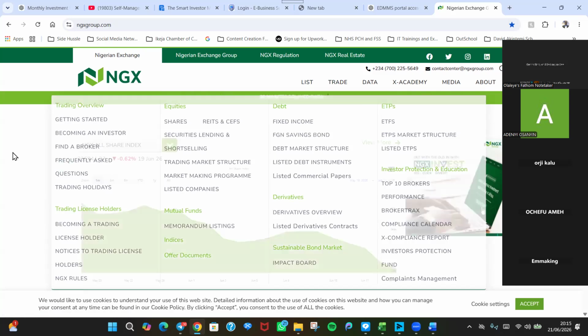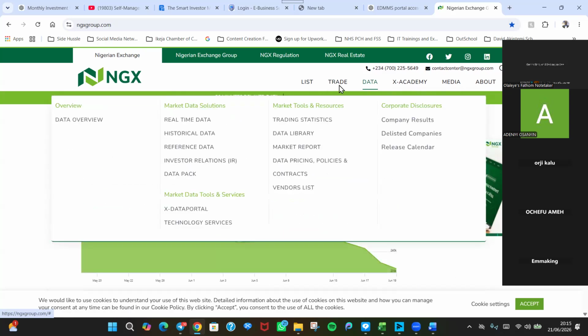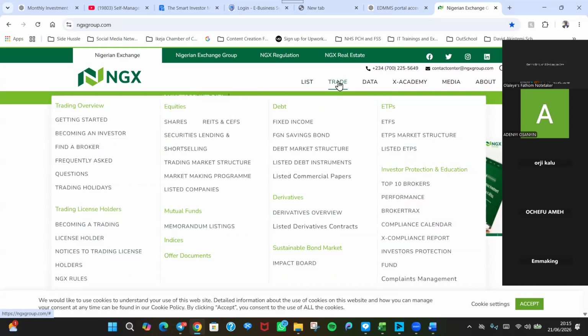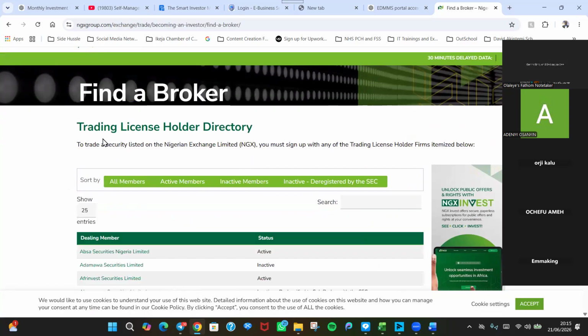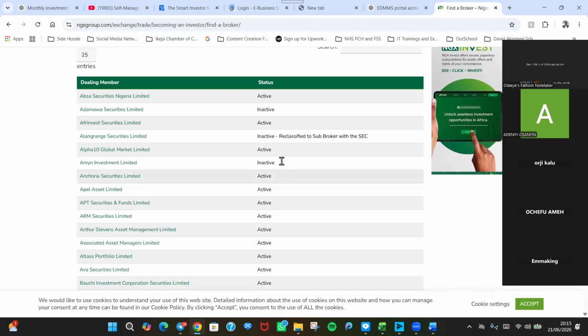Good. Okay. Can you see where it says under trade? When you highlight on trade, it opens more menu, and then you come under find a broker. You click on find a broker, and then it comes here and says trading license holders directory. And then you can see a list of these stockbrokers here.